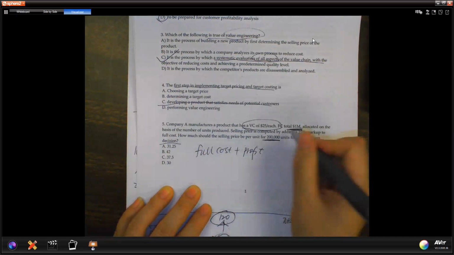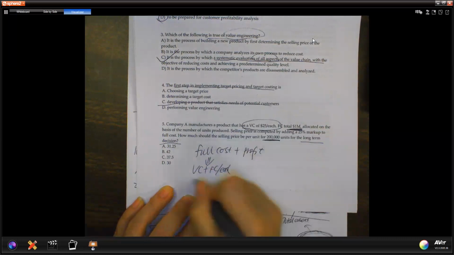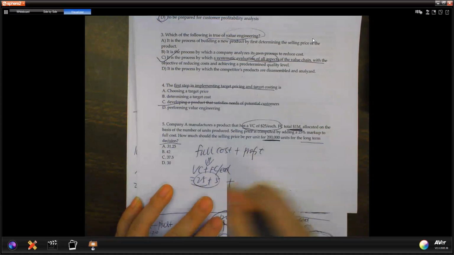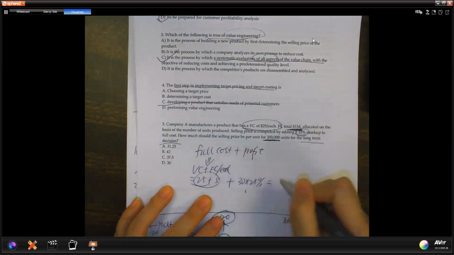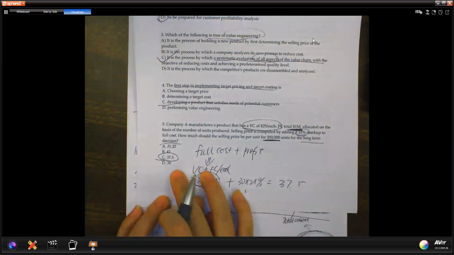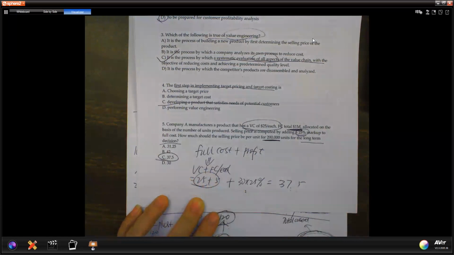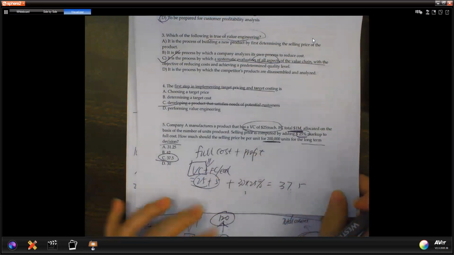I believe each one is $5, so the full cost has to be variable plus allocated fixed for each, which gives you 25 plus your 5. And then you have to have a markup, right? So 30 times 25%. So that gives you 37.5. I believe this is the number. But if the question said, what is the short-term price, one-time special order, then you just look at the variable costs because that's the relevant cost in the short term.